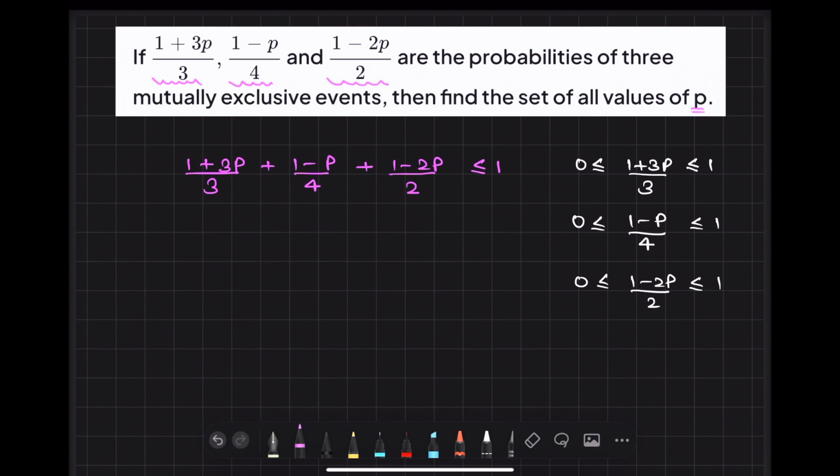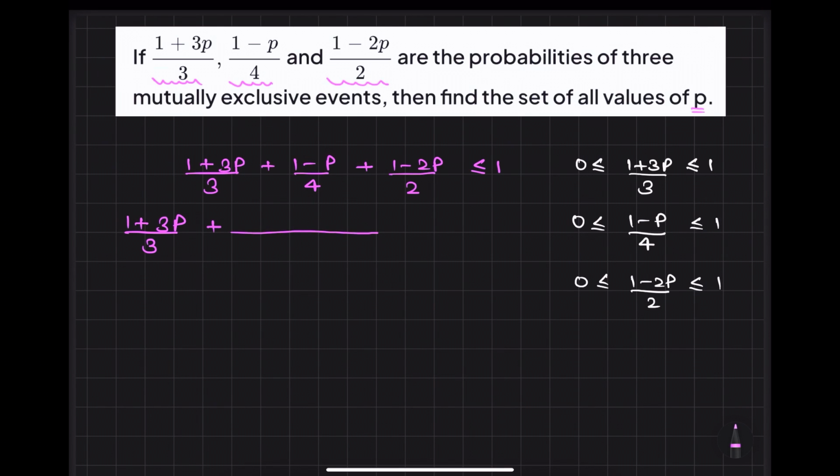Okay, so let's break down the first part first. If you observe, I will leave the first component as it is, (1 + 3p)/3, and then plus, the denominator would be 4, (1 - p), plus (2 - 4p), less than or equal to 1. Now I'll multiply both sides by 12.